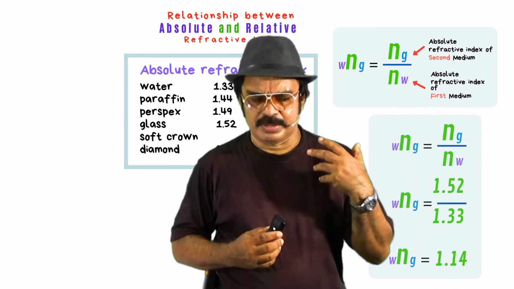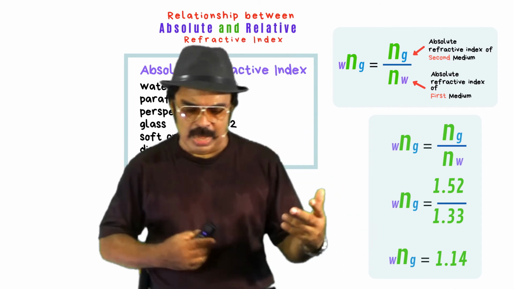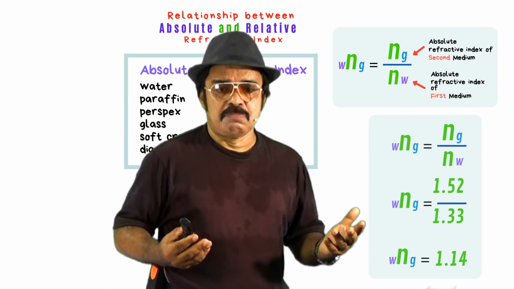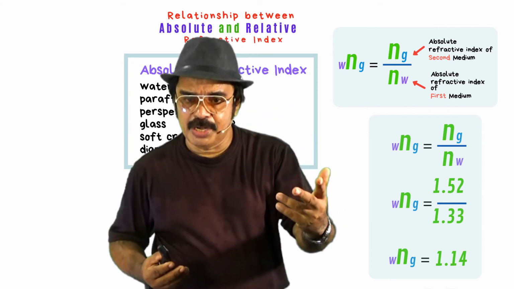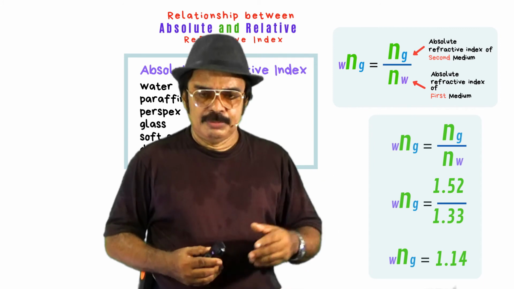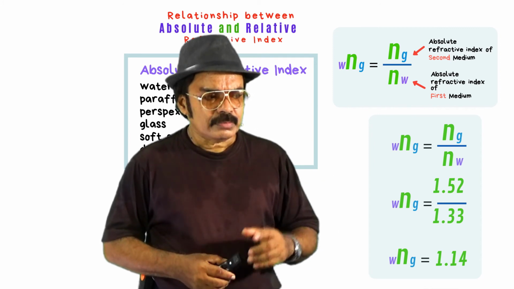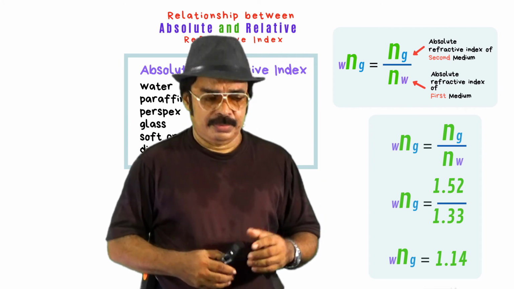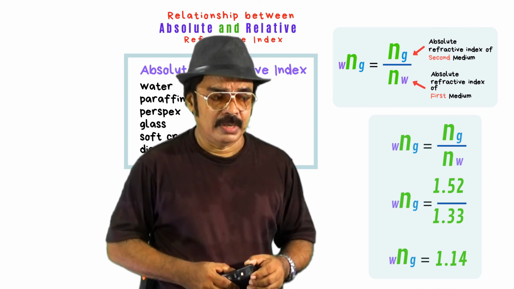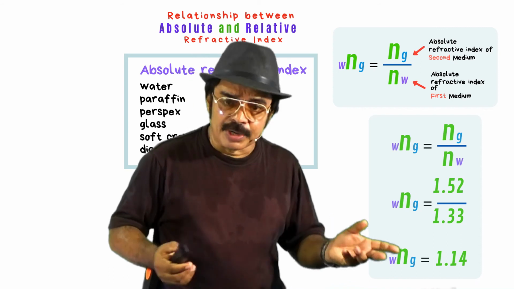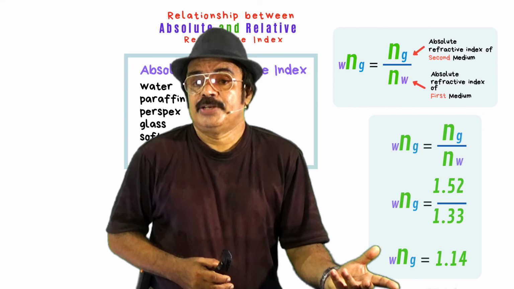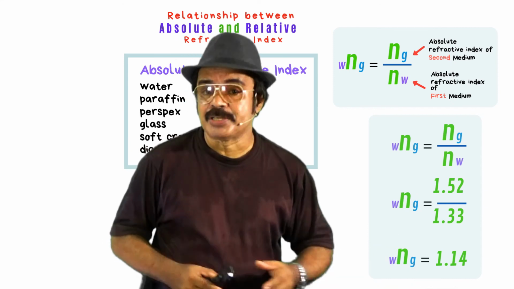So in today's lesson, I'm not going to give you numerical examples, because in the next video, most probably within 2 days, I'll work out a good number of advanced questions of refraction, after teaching you total internal reflection and critical angle.